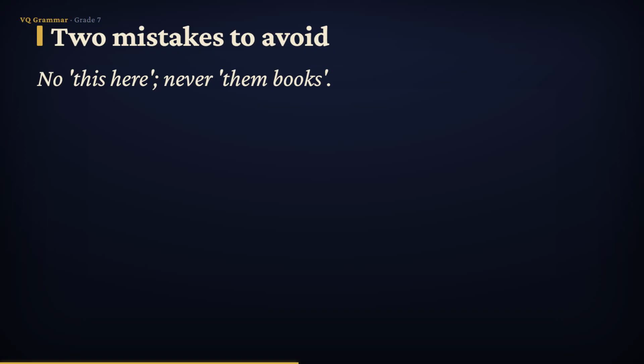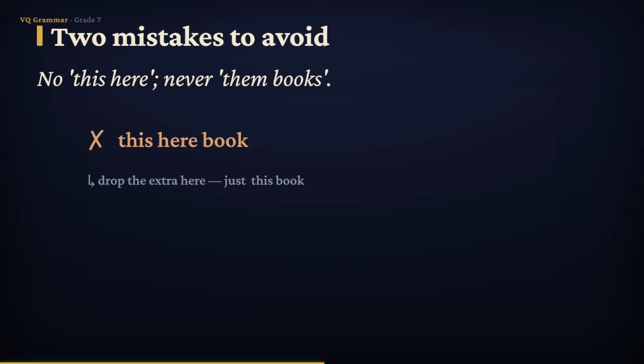Before we practice, let's clear up two mistakes people slip into. First, never tack an extra here or there onto a demonstrative. You'll hear folks say, this here book, or that there hill. But the here and the there are unnecessary. This book already means the one near me.